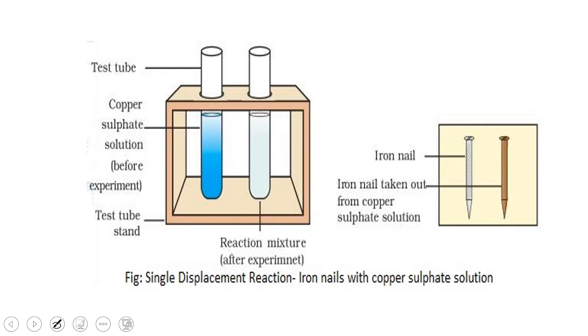Now what I have done is I have kept the iron nails in one test tube. I have taken 3 nails, 2 nails I have put in one test tube, and in another test tube I didn't put anything. That is a copper sulfate solution, and I left these test tubes for 20 minutes.